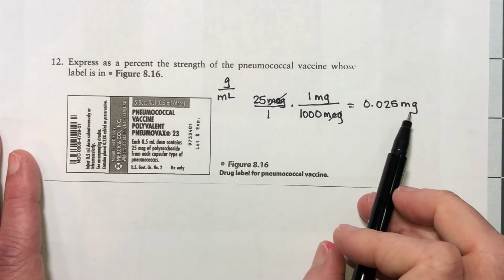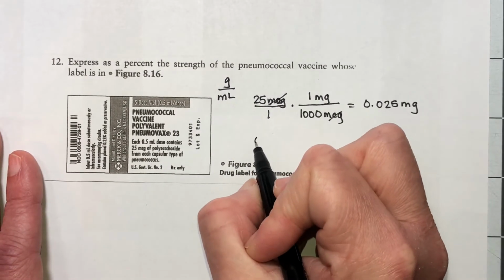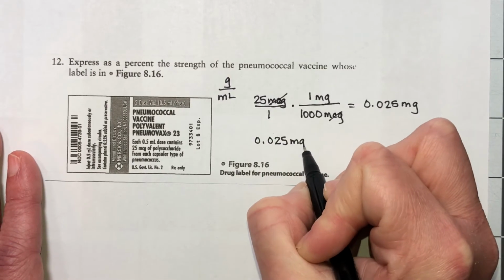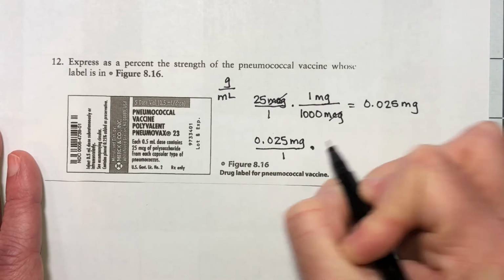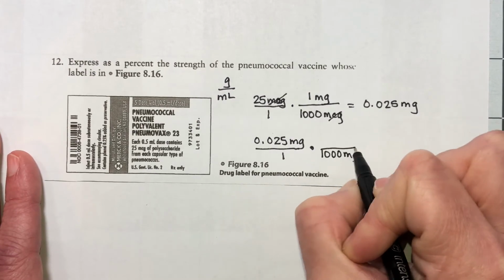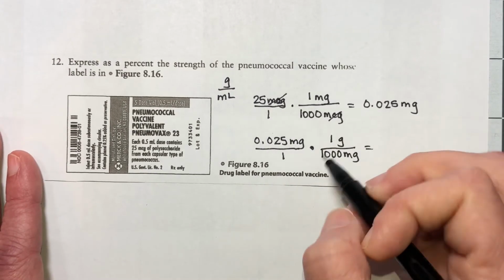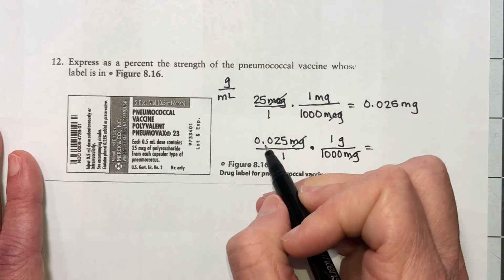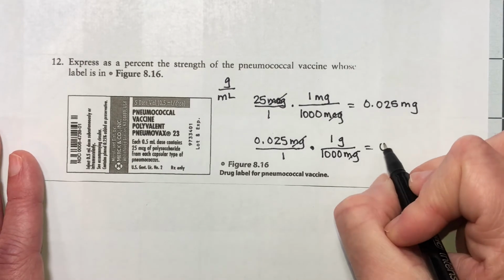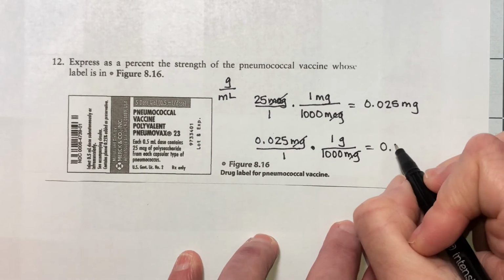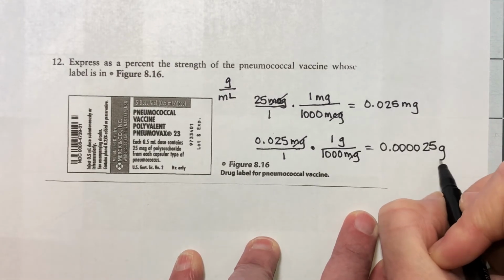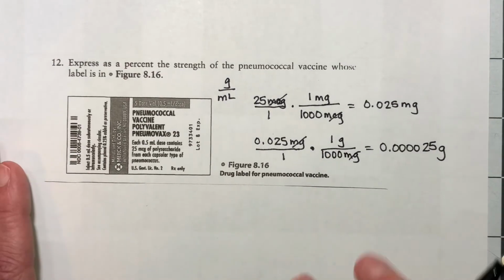I'm still not to grams, so I'm going to take this and convert it to grams. 0.025 milligrams. And there are, again, 1,000 milligrams in 1 gram. Milligrams cancel out, and I have 0.025 divided by 1,000, which is 0.00002 5 grams. So now I finally have it in the right unit.